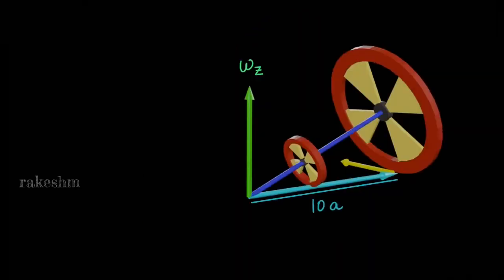Next, we will consider the rotation of this whole assembly about the z-axis. Again, we take the velocity of the point which is in contact with the ground.